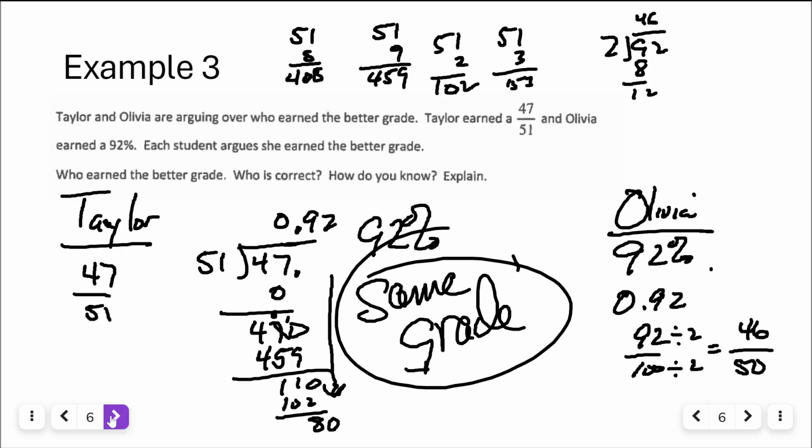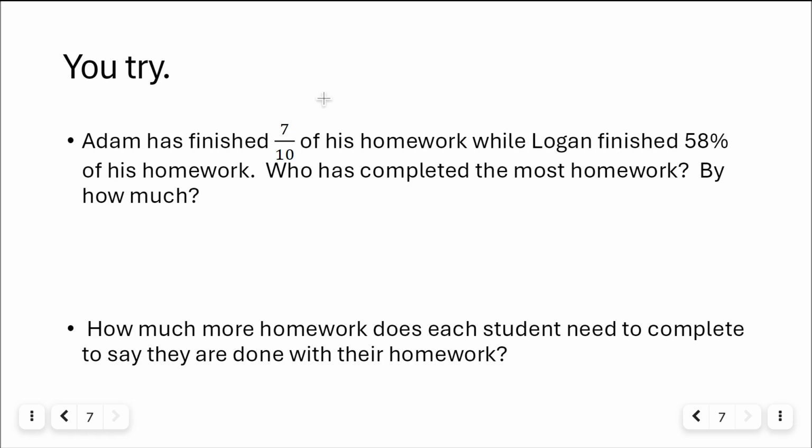All right? So now, Adam has finished 7/10 of his homework. Logan has finished 57% of his homework. Who's done the most homework? Okay, let's see. 7/10, we can convert that, and we can write it as a percentage if we want, right?